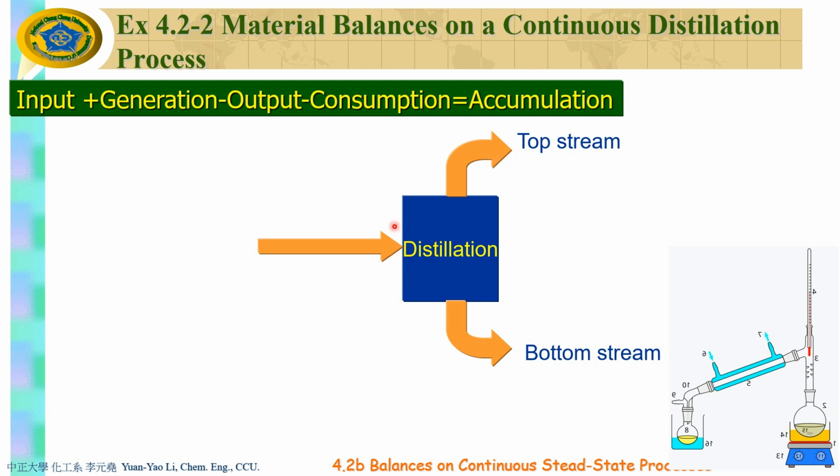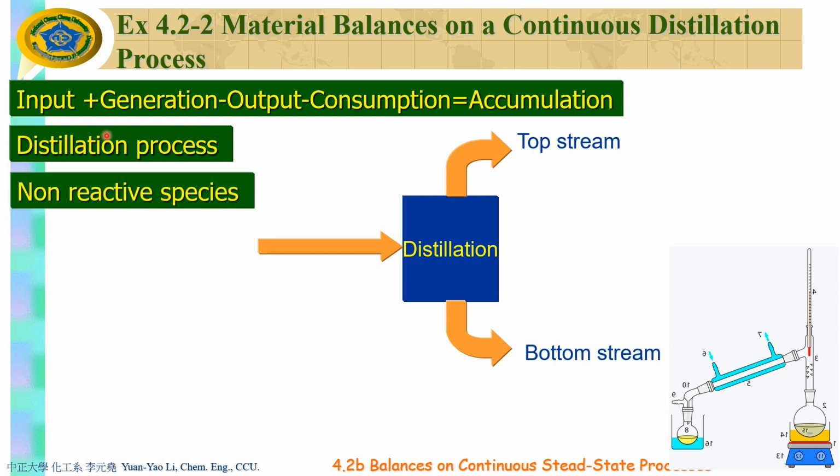What I want to tell you is, you just regard the continuous distillation process as a unit here, and it is a non-reactive process. So you can remove the consumption and generation terms, right? And this is a continuous process, so it is steady state, regardless of the startup time. So you remove the terms of generation, consumption, and accumulation. As a result, input equal to output.